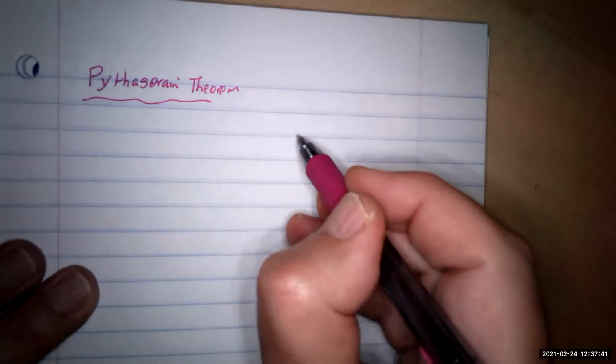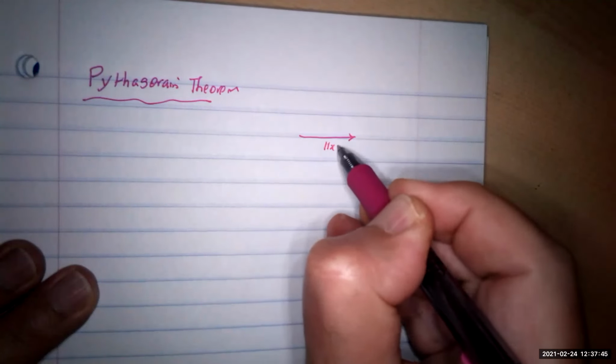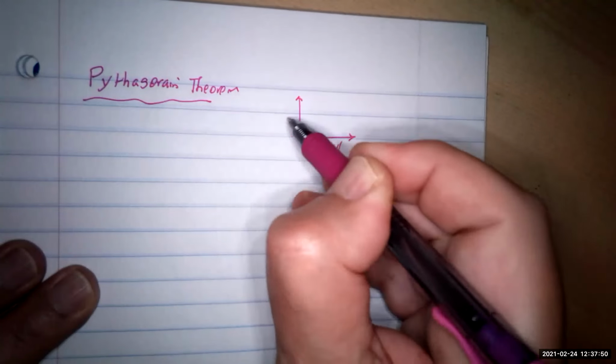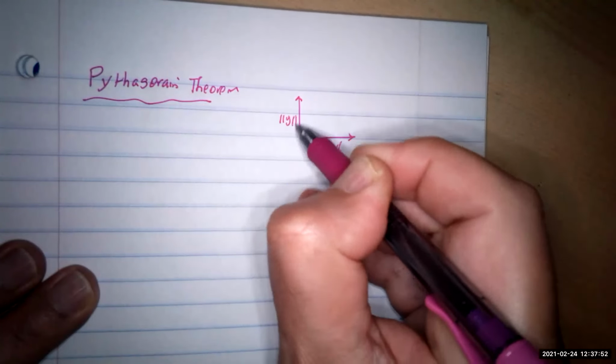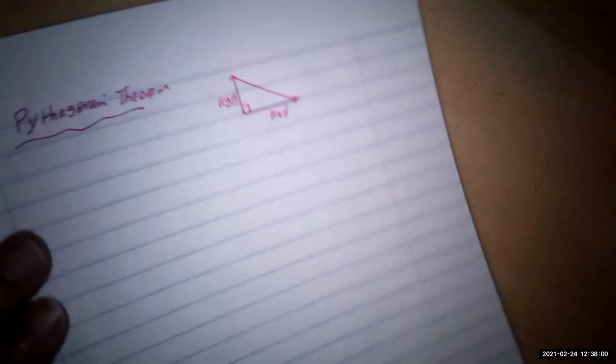Okay, this is it. You see, if it's one vector, we call it norm x, and you have another one. This is going to be norm y, and they are perpendicular. So what's going to be this one? Their addition.